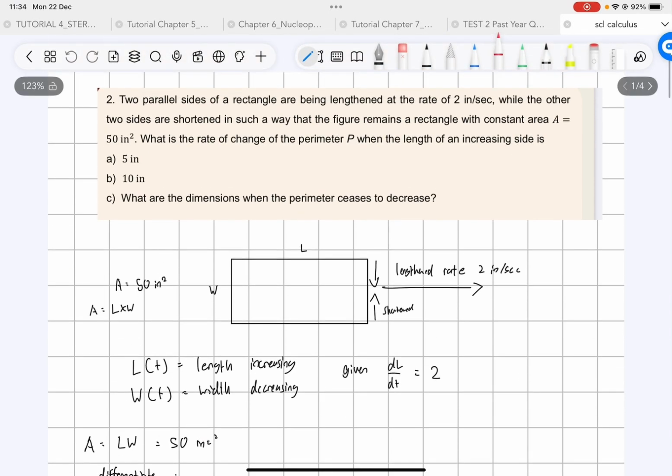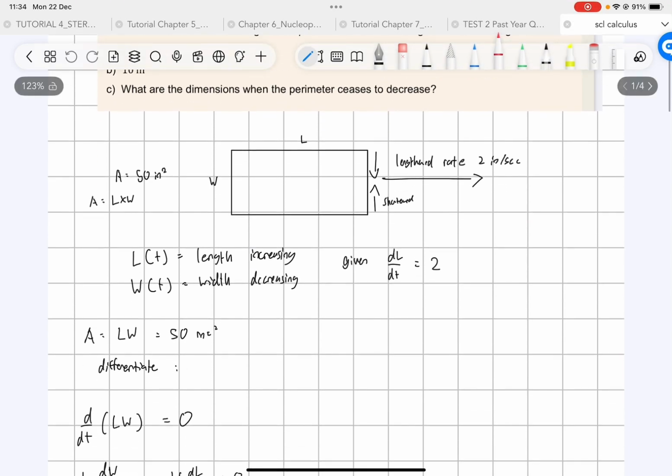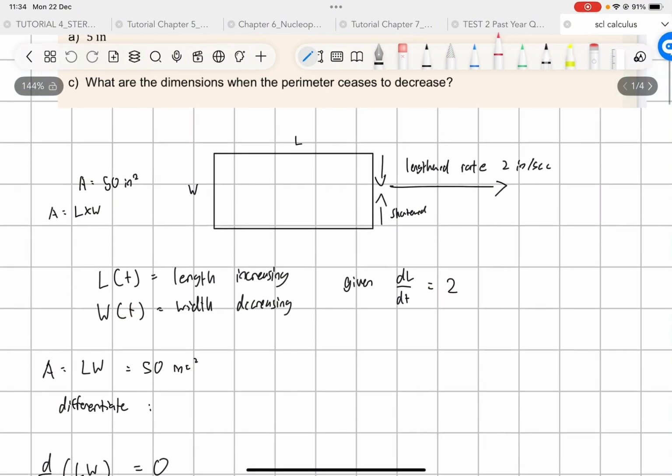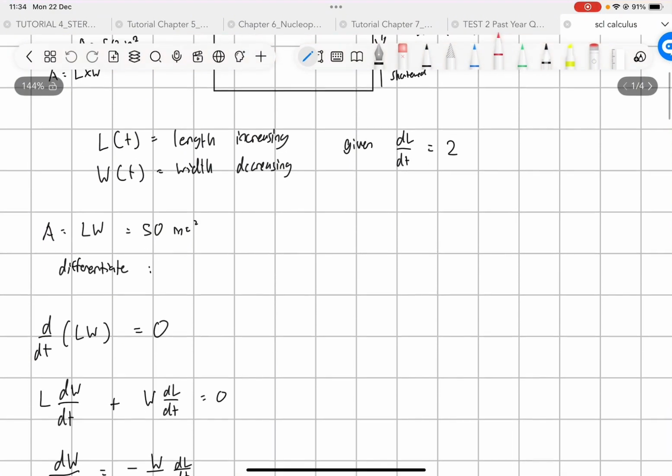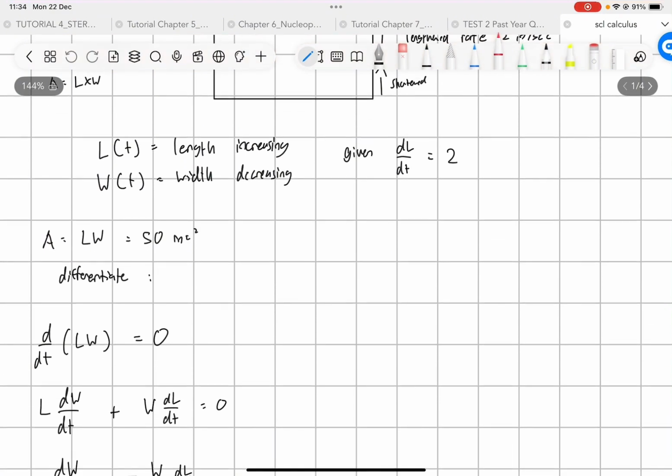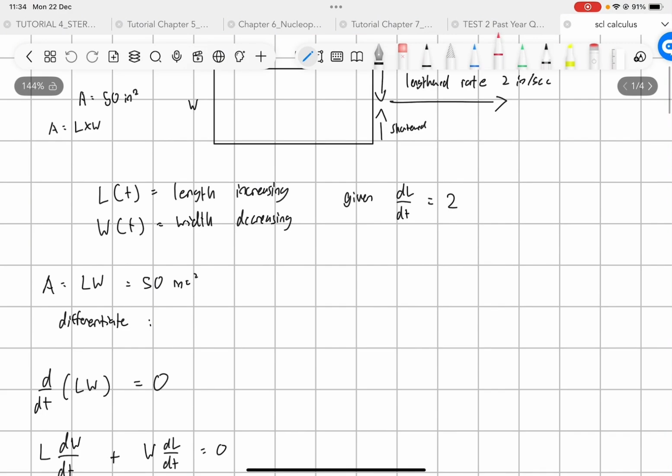So what this question tells us is that when the length is increasing, the width must decrease so that the area will always remain 50 square inches. In these equations, we know that area is equal to length multiplied by width, which is also equal to 50 square inches.